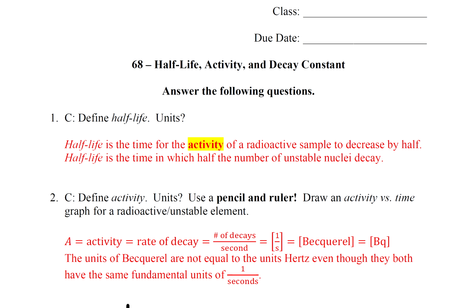Here's your answer. Part G, how many radioactive atoms will have decayed during the first 5 minutes? So here's your answer. It's the total number of atoms at 0 seconds minus the total number of atoms at 300 seconds.